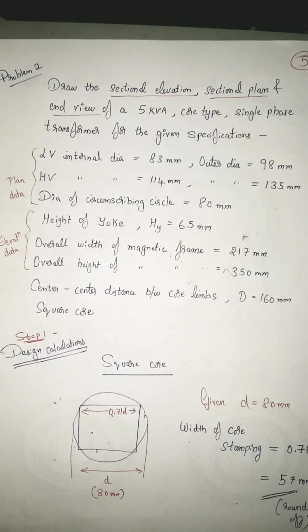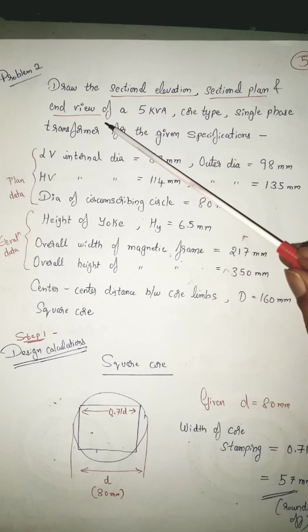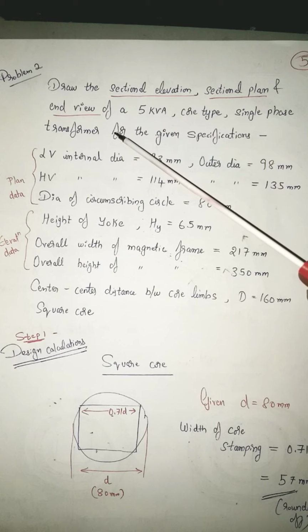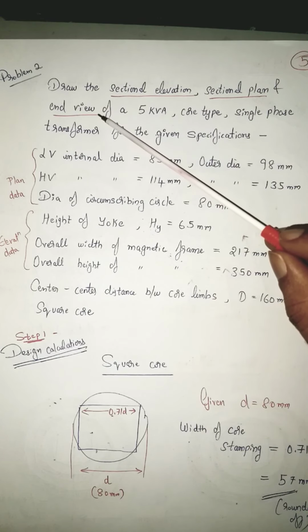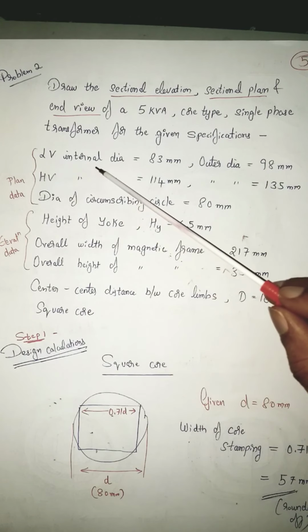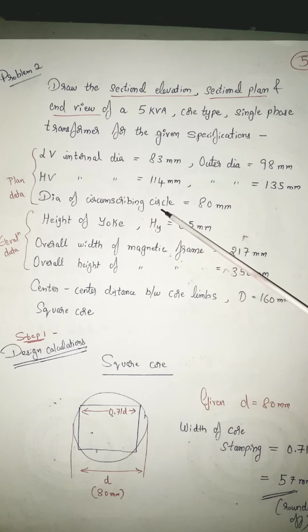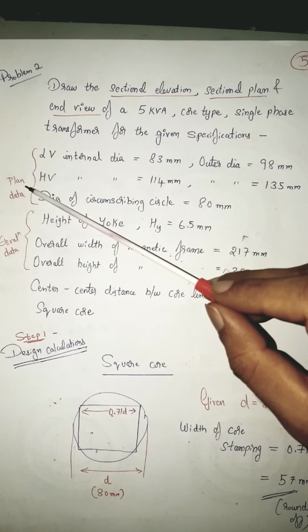So in this problem we are supposed to draw plan, elevation and end view. In the previous problem we had drawn only plan, but here along with that we'll be drawing elevation as well as end view. And here these three sections, LV internal dia outer dia, HV internal dia outer dia and dia of circumscribing circle, these data are required for drawing the plan.